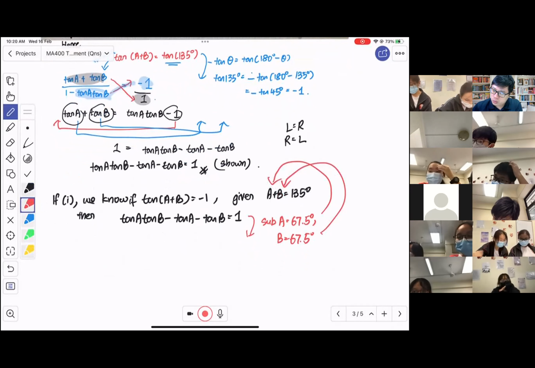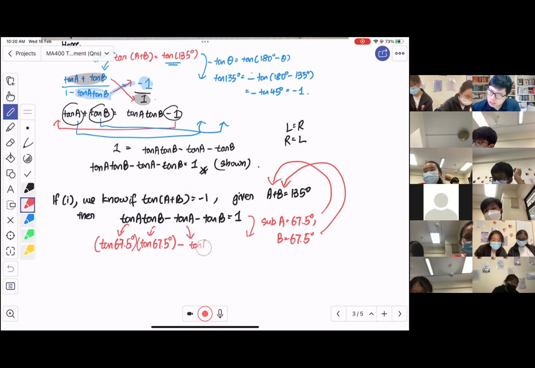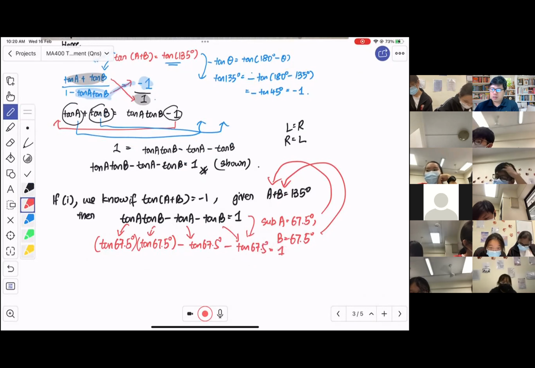So all we need to do is sub A as 67.5: tan 67.5 times tan 67.5 minus tan 67.5 minus tan 67.5 equals 1.